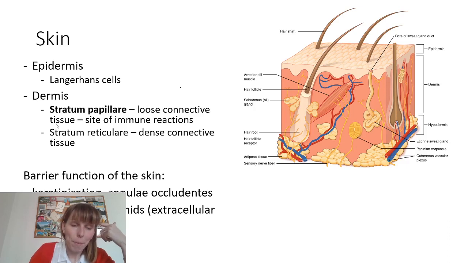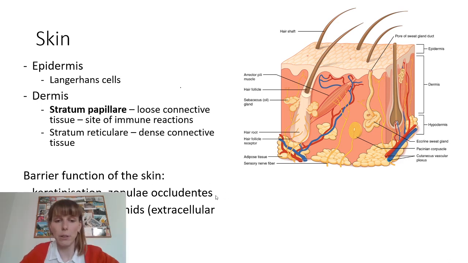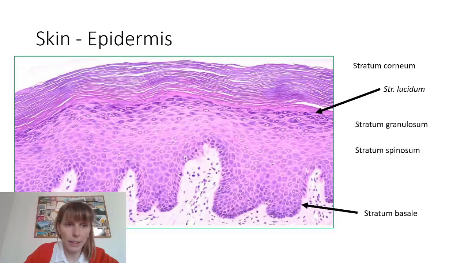Stratum papillare is the important region because here you will have a lot of immune cells performing the immune reaction itself, but in the epidermis you will have some special cells as well, Langerhans cells. Also keratinization is part of the function of the barrier. You have enzymes being produced and very tight junctions between the cells of the top layers of the epithelium.